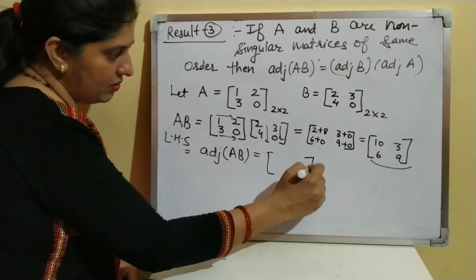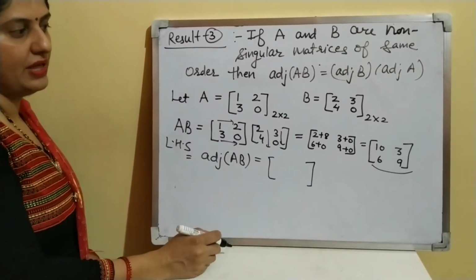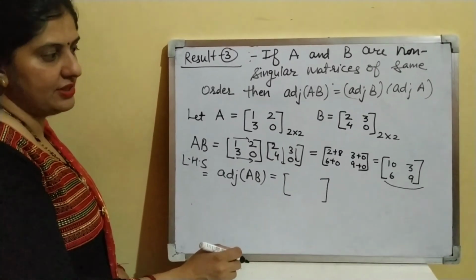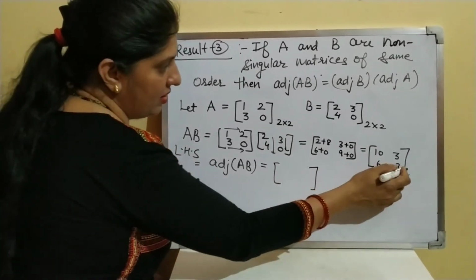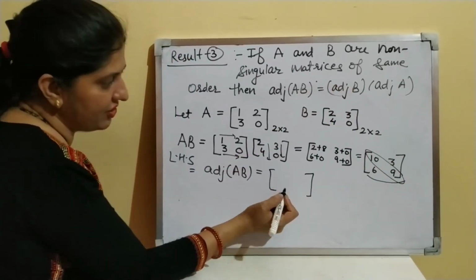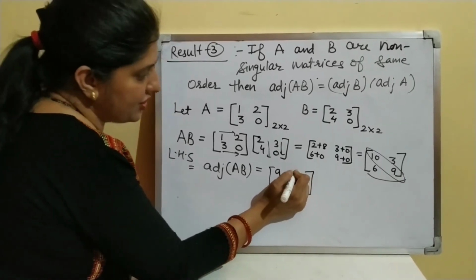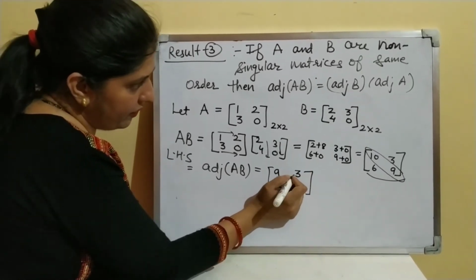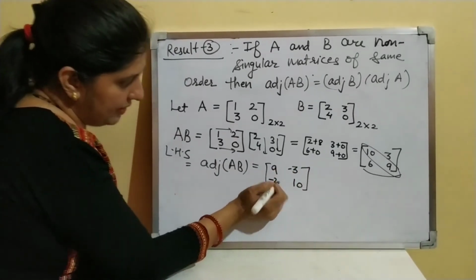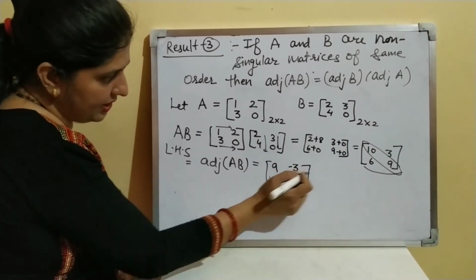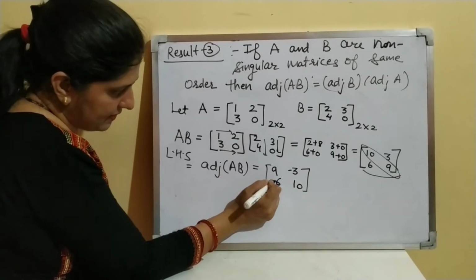We know that the adjoint of a matrix of order 2 by 2 can be calculated directly. We have to interchange the diagonal elements and change the sign of the non-diagonal elements. 3 becomes minus 3, 6 becomes minus 6.